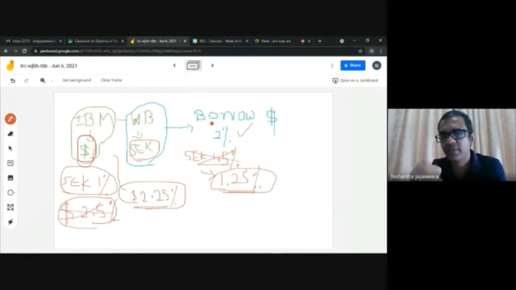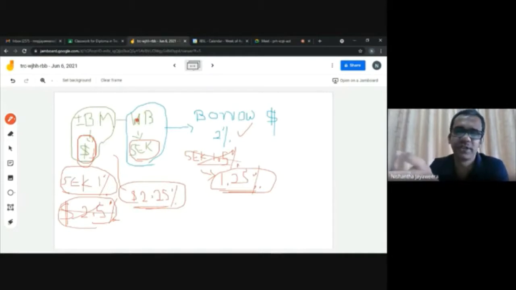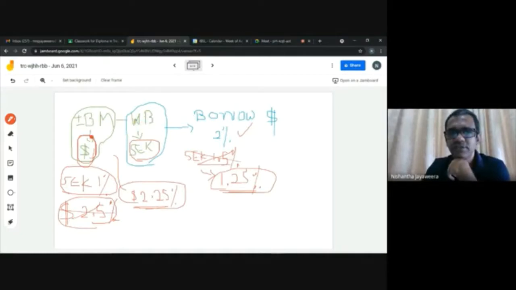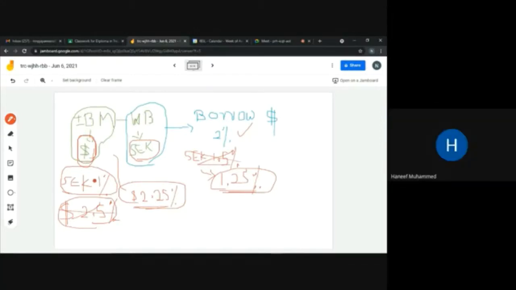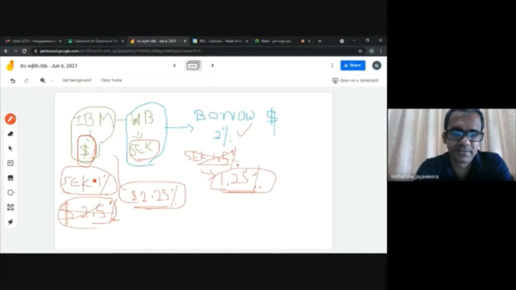That's the currency they borrowed from the market. So IBM will pay that dollar amount. There may be a shortage, depending on the notional amount and the interest rate that you agree. World Bank will pay the Swedish krona amount to IBM, and IBM will pass it to its lender. So whatever the accessible currency, they borrow on that basis and get the expense cost from the other party and set it up. Yes.